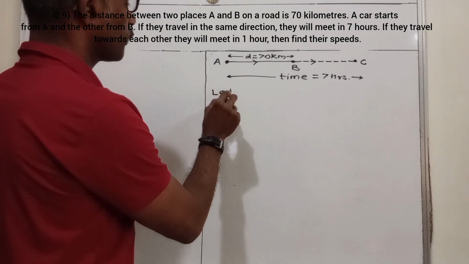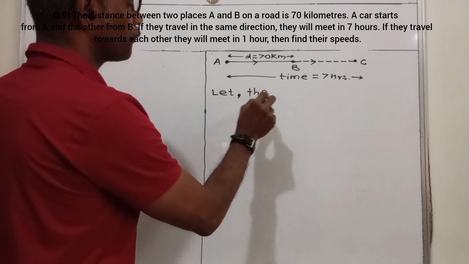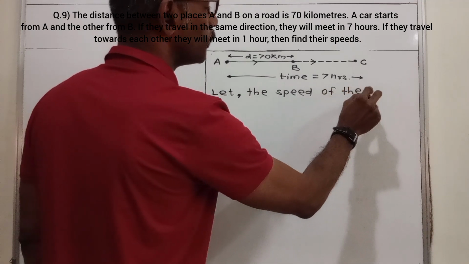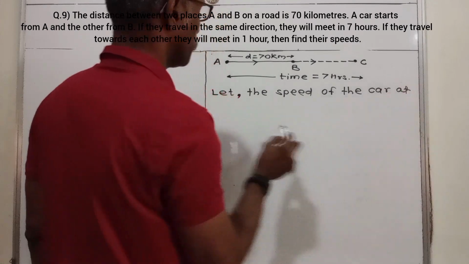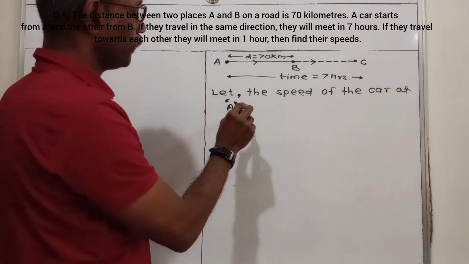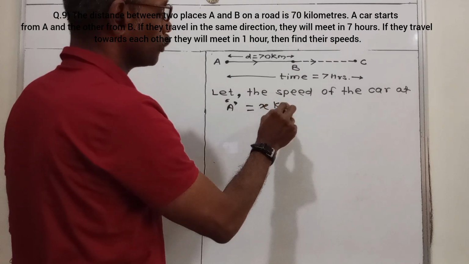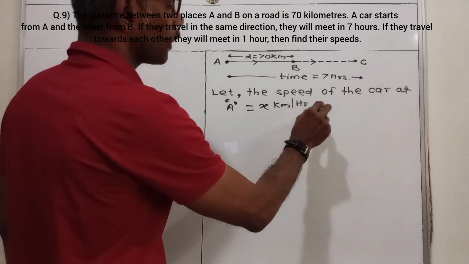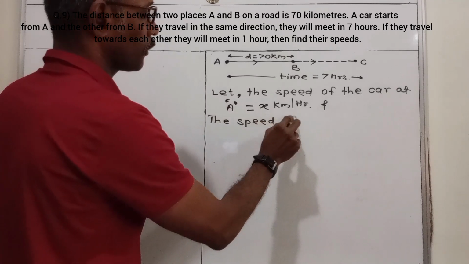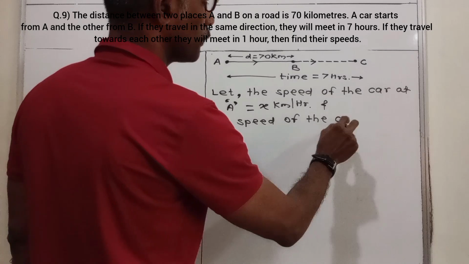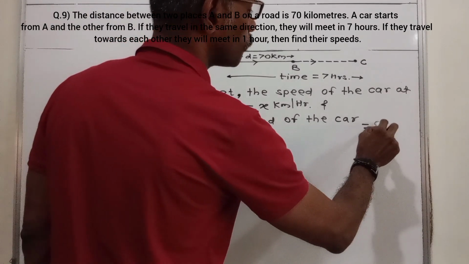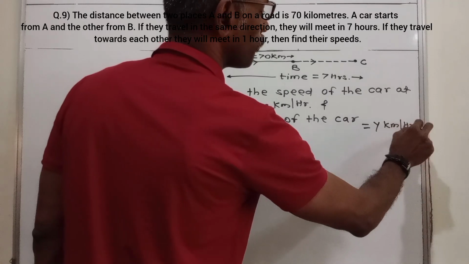Therefore, let the speed of the car at A be x kilometer per hour, and the speed of the car at B be y kilometer per hour.